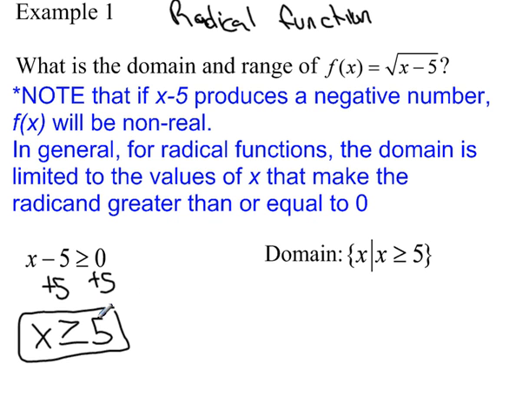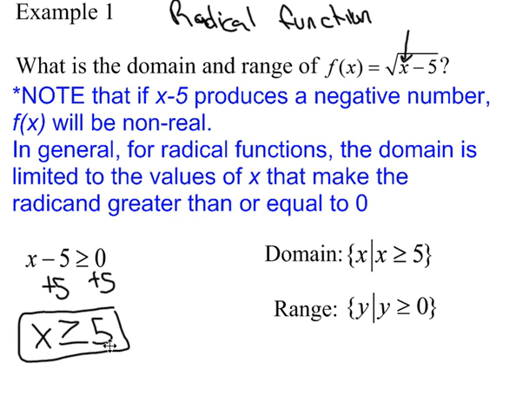To get the range, you're going to take that 5, that smallest possible value of x, and you're going to insert it in here. So if we take that 5, substitute it in there, that's 5 minus 5, that's 0, the square root of 0 is 0, so then the range is all the values greater than or equal to 0.